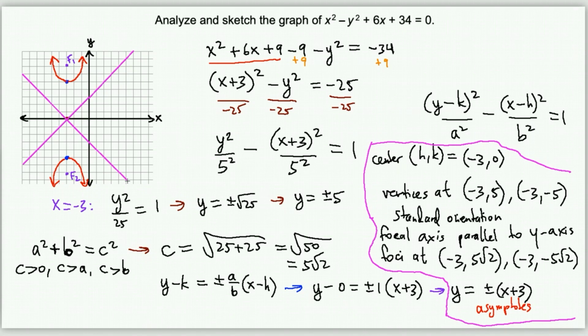So let's see, I think this makes sense. These are the asymptotic lines, so we can label them as y is equal to x plus 3 with a positive slope, the slope of 1, and this has a slope of negative 1: y is equal to minus x minus 3.